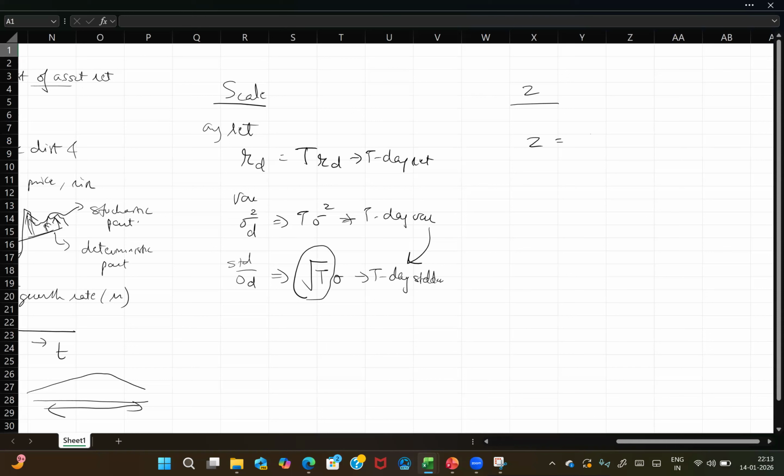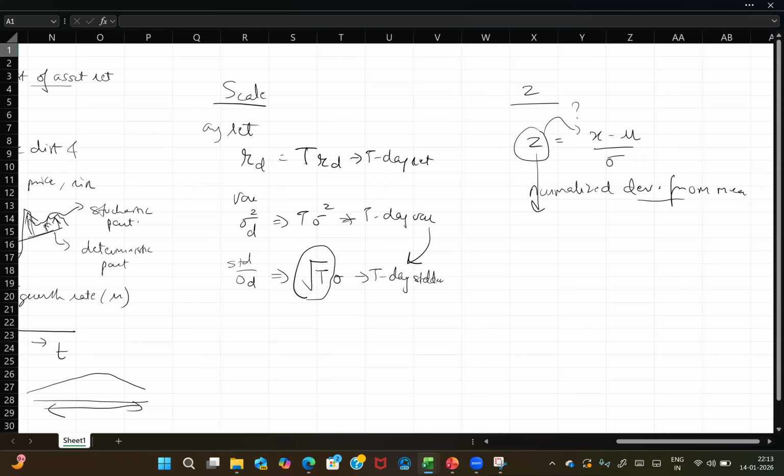What is the Z value in stats? X minus mu by sigma, right? What does this capture? Can I say this captures a normalized deviation from the mean? So Z is capturing normalized deviation from the mean.